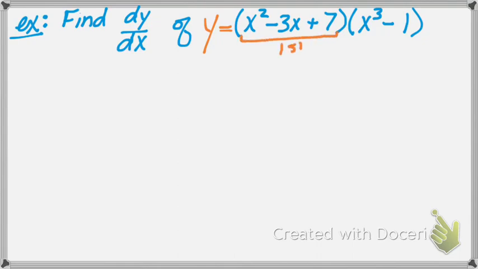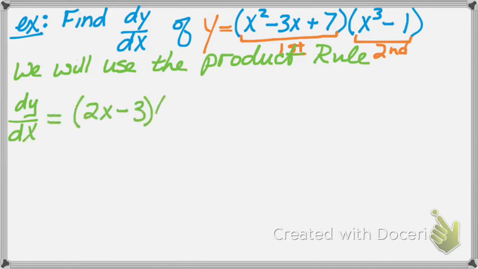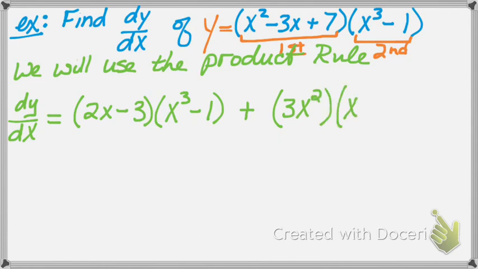Again, we think about these two functions as the first and the second. So we will use the product rule. The derivative of the product is the derivative of the first times the second plus the derivative of the second times the first.